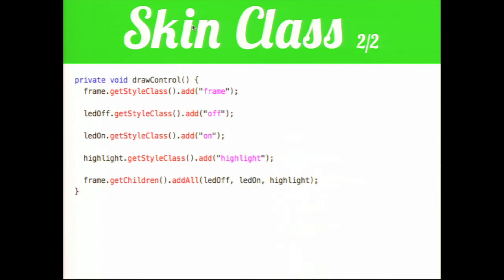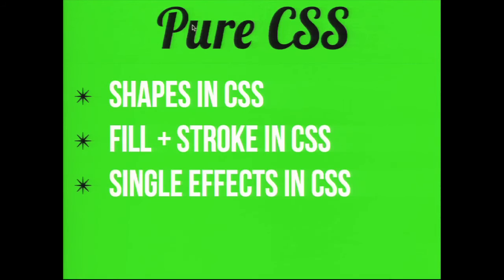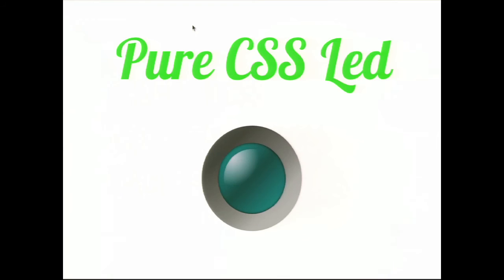This is just, okay, take this style and apply it to this stack pane. No circle, nothing. It's just a pane which will get the style from the CSS. That means we define the shapes in CSS, we define the fill and the stroke in CSS, and also single effects in CSS, and it leads to this.